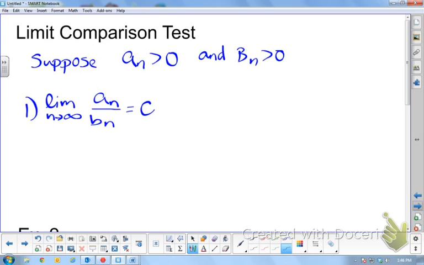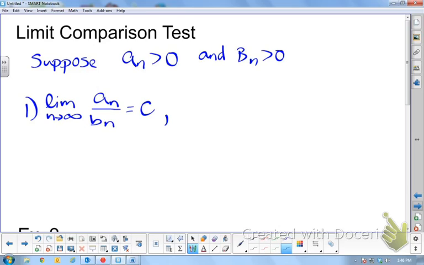So if this were to equal a constant, when we were comparing functions to see how fast they grew and they equaled a constant, what did that mean about the 2 functions? Does one grow faster, does the top grow faster, bottom grow faster, or did they grow at the same rate? This one grows at the same rate, which means if they grow at the same rate, they both converge or both diverge, kind of like our integral test.